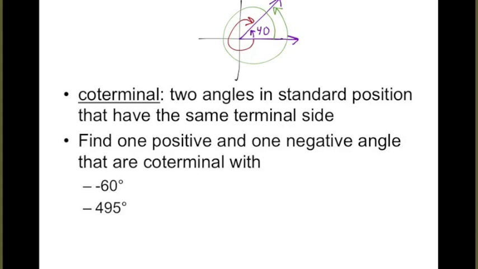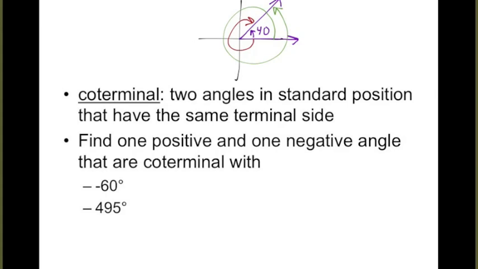So you really have no idea what angle I intended to draw, but they all end in the same place. These groups of angles that all end in the same place have a name. They are called coterminal angles. Co means together or with. Terminal means ending. So they are angles that end with each other, or end in the same position. They happen once every circle, because that line exists in that location and nowhere else.